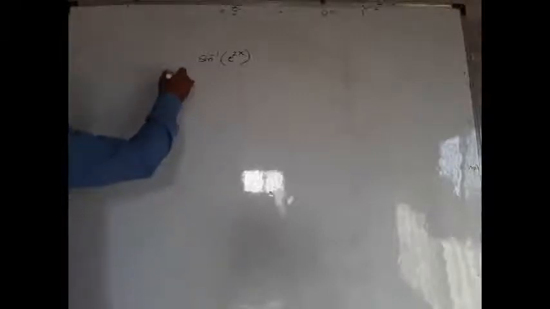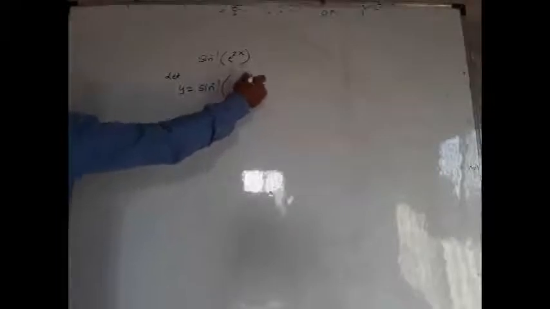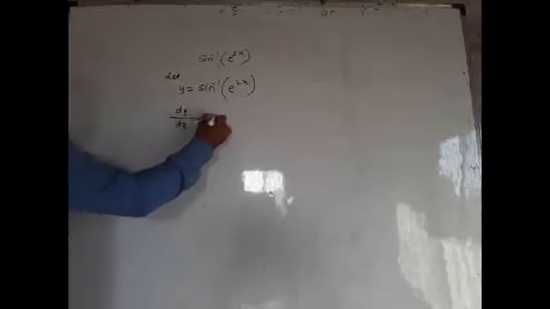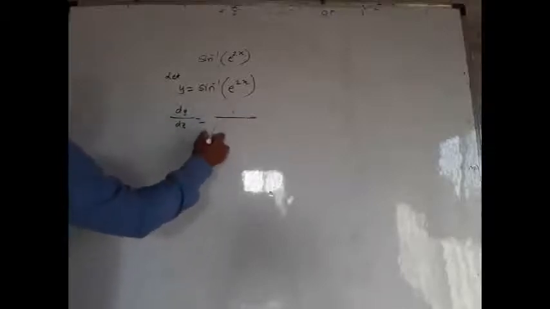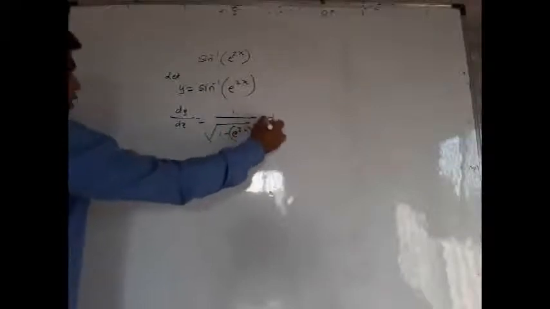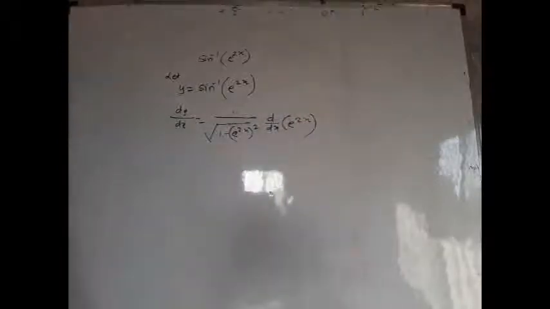We have to solve this question. Let y is equal to sine inverse of e raised to 2x. Then differentiating with respect to x, dy by dx, the derivative of sine inverse of x is 1 upon under root of 1 minus e raised to 2x whole square, into the chain part d/dx of e raised to 2x.